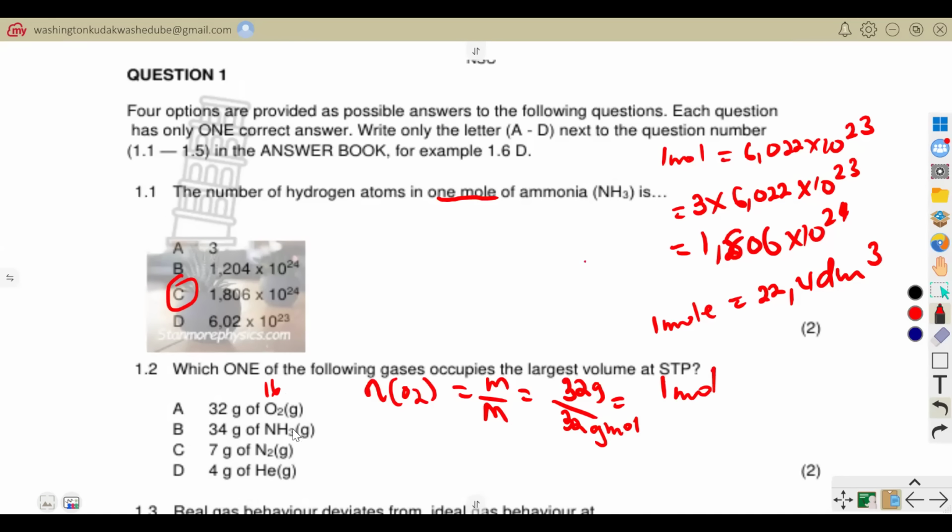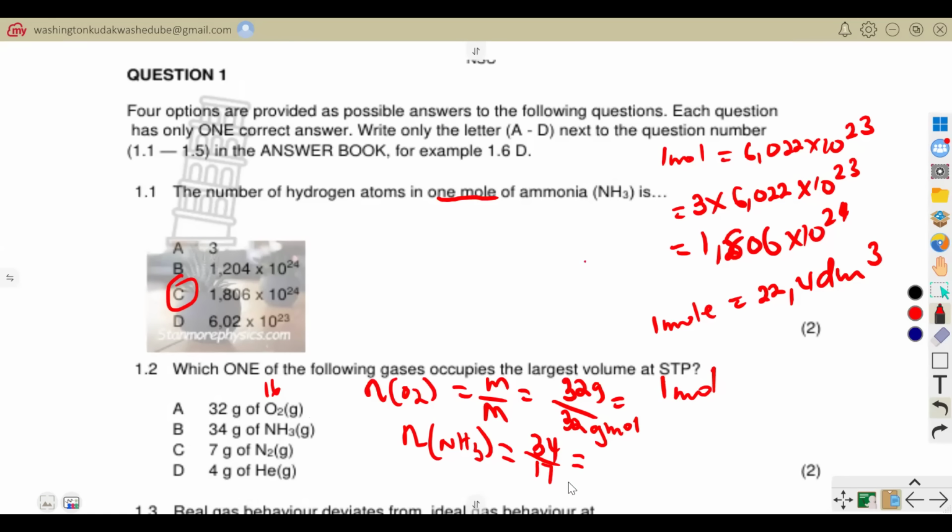And then what about ammonia? You also calculate for ammonia. So for ammonia here, it will be 34 divided by 14 plus 3 times 1, that will be 17.